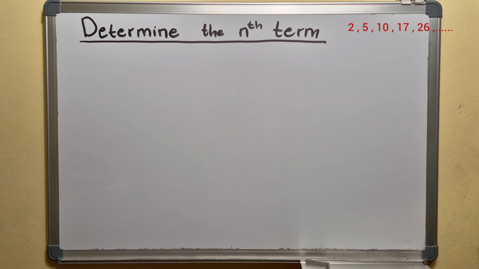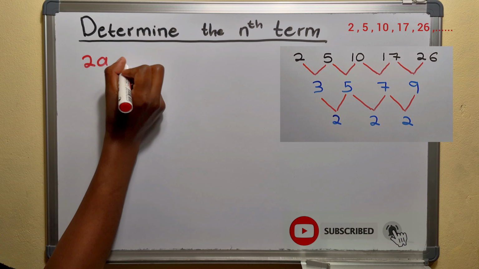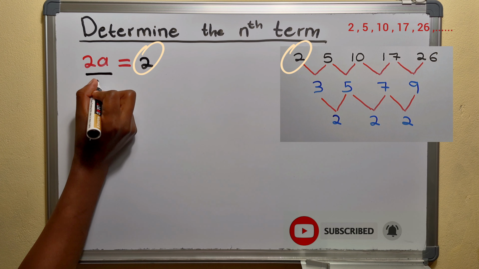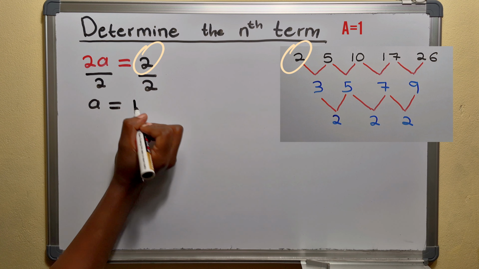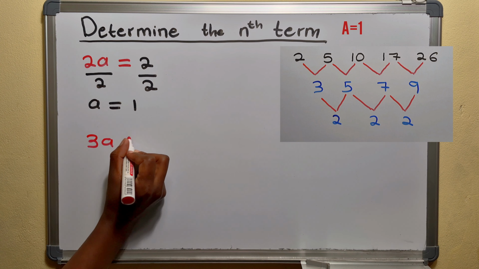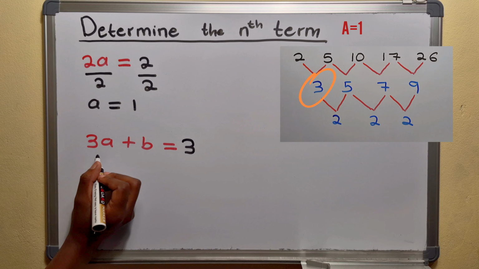The next question is: determine the nth term. To find the nth term, you need to find the value of a, b, and c. So let's start with the value of a. 2a equals 2. Because we are looking for the value of a, we divide by 2, and the value of a is 1. Now, to find the value of b, we have 3a plus b equals 3, which is the first number in the first difference.